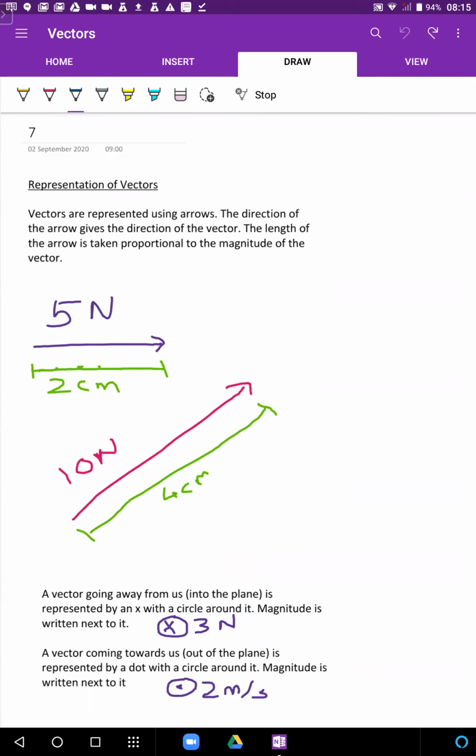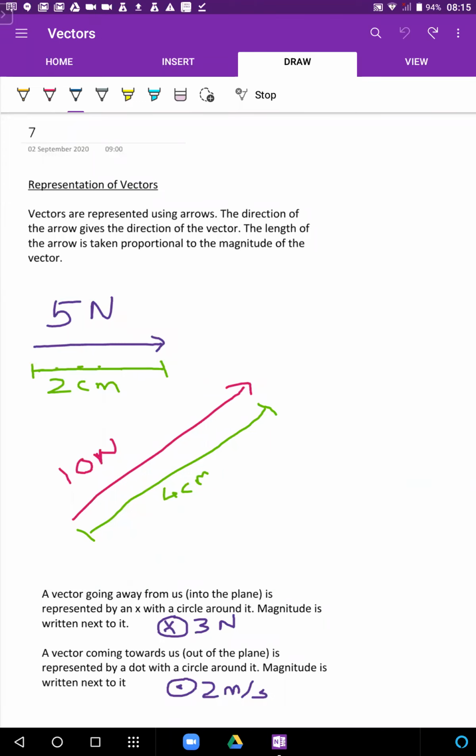Okay? On the other hand, if you see a bird flying towards you, how will you represent that vector? If you see, like you're watching a 3D movie, something is coming out of the screen. How do you represent that vector coming out of the screen and towards you?